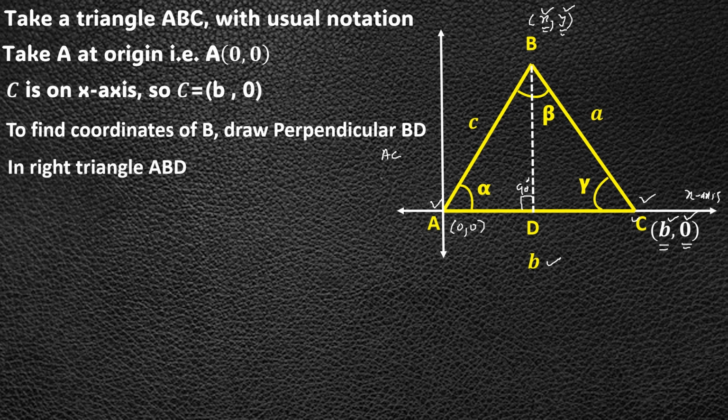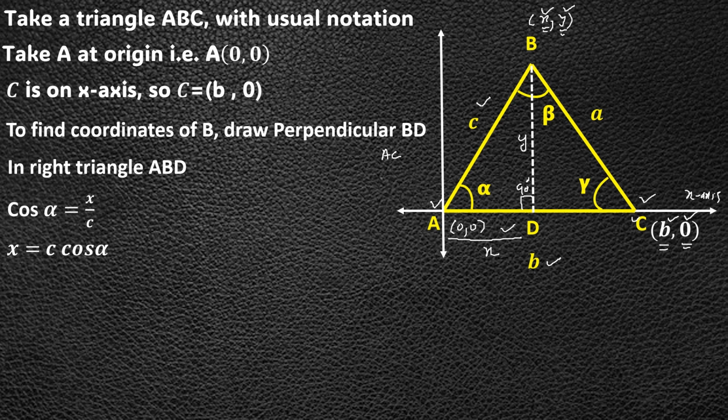In right triangle ABD, first note that the distance AD is equal to x and the distance BD is equal to y. So we find cos alpha in right triangle ABD. Cos alpha will be equal to x over c, base over hypotenuse. It gives x is equal to c cos alpha.